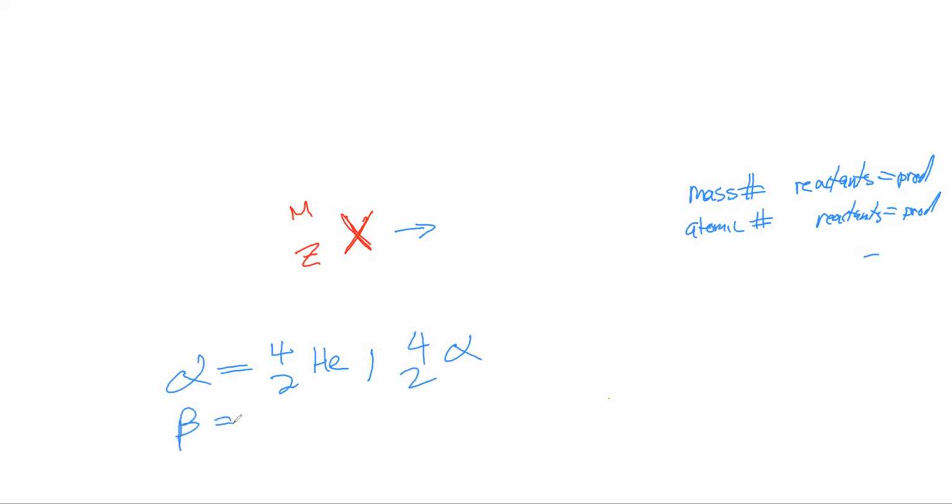We then have beta decay. And what's another name for a beta particle? An electron. So does an electron have a mass number? No, 0. So it should be our 0. Electrons do have mass, they're just really small, and so we won't see them in these equations.